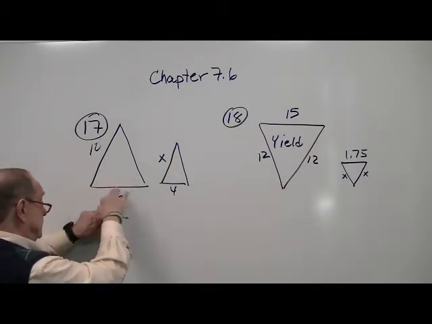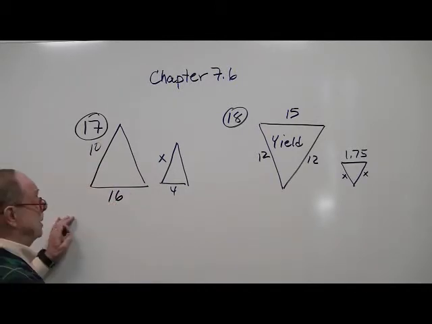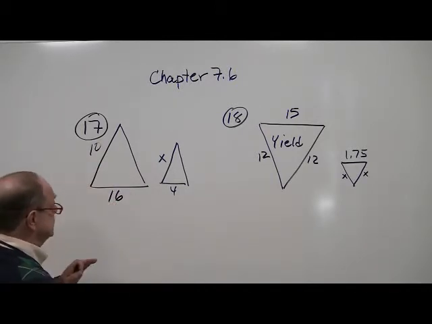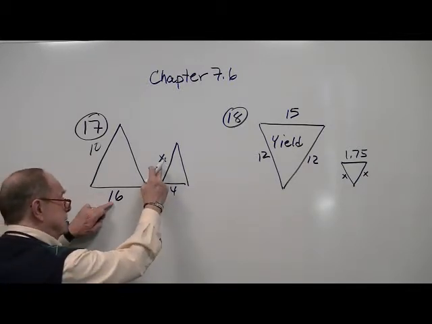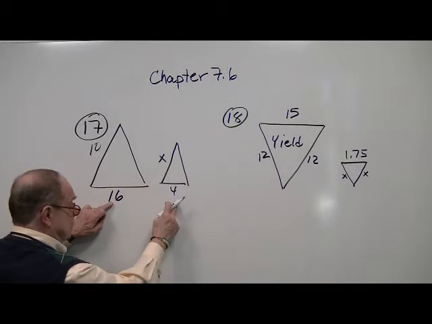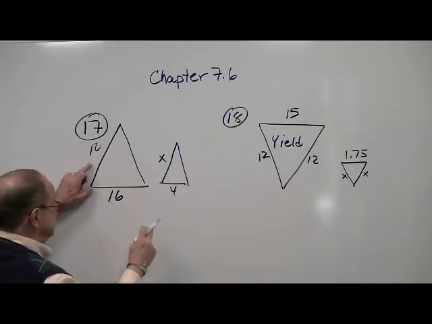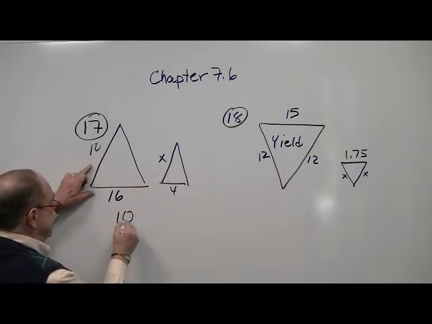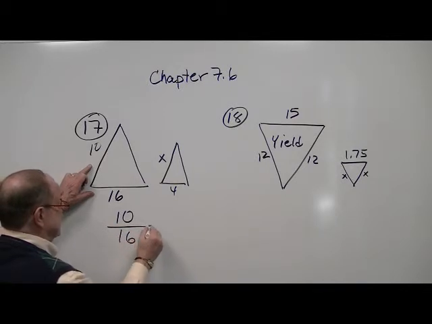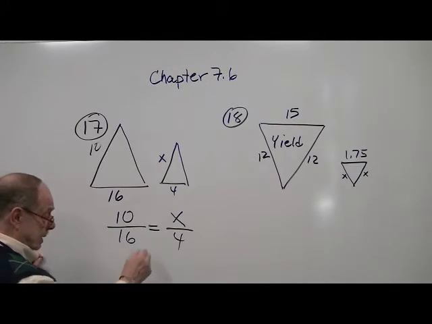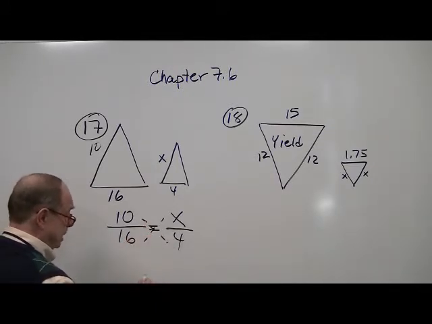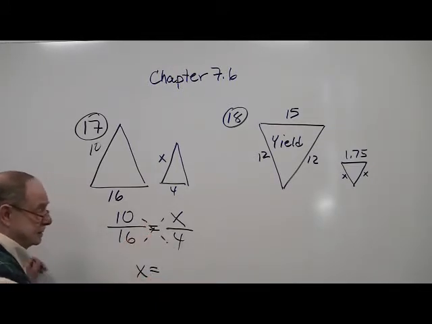And they're not really set up that way. But to show you how it works, this is 10, this is 16, and this is x, this is 4. So you set it up as a ratio. 10 is to 16 as x is to 4. And then again, cross multiply, and you'll get x's some answer.